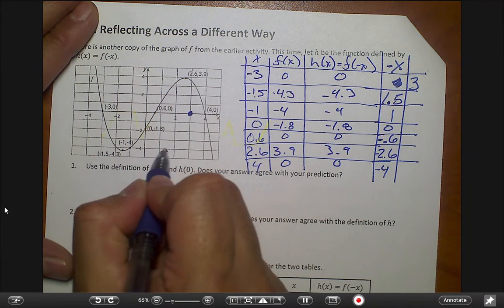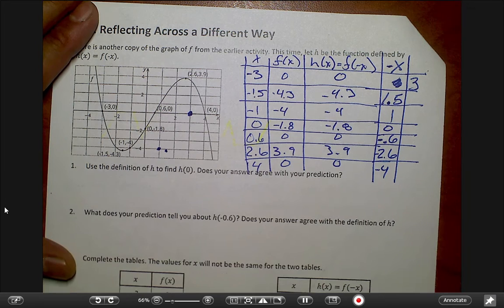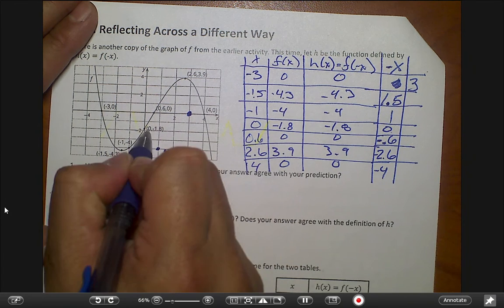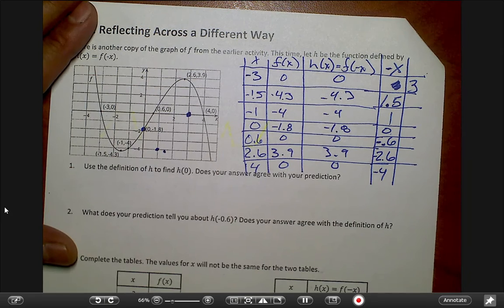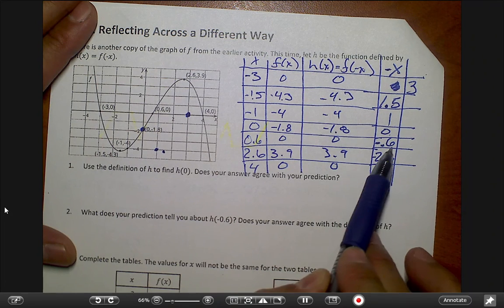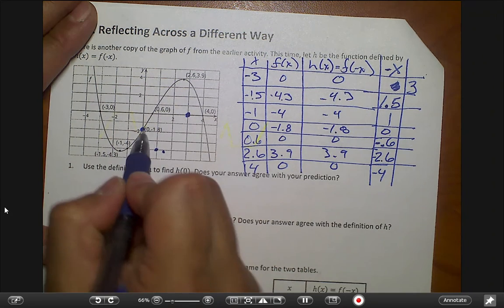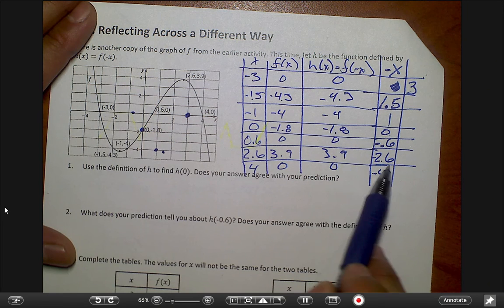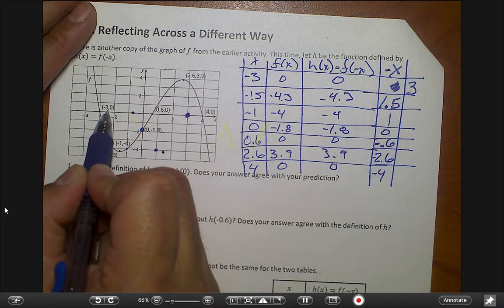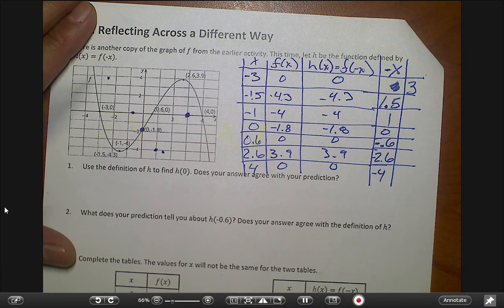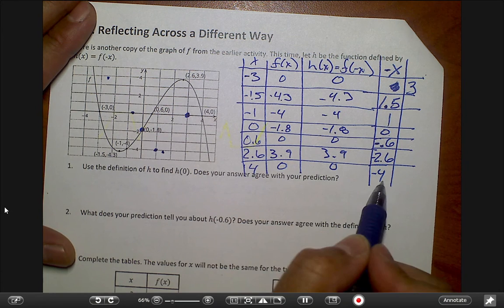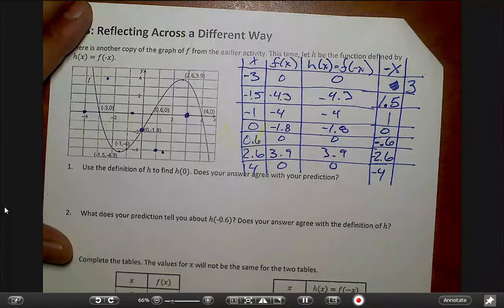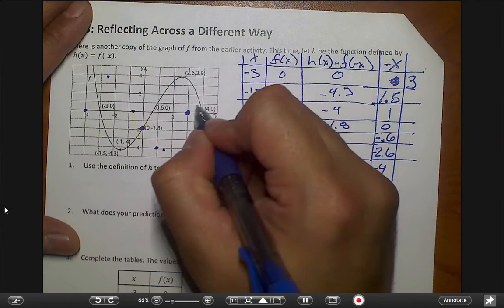Then 0 is negative 1.8. Negative 0.6 is 0. Negative 2.6 is 3.9. And at negative 4, I get 0. Now let's sketch my graph here.